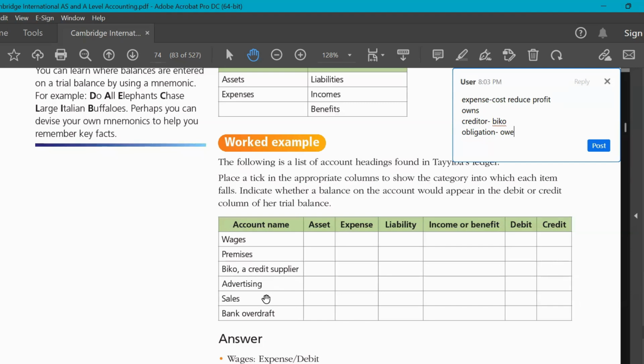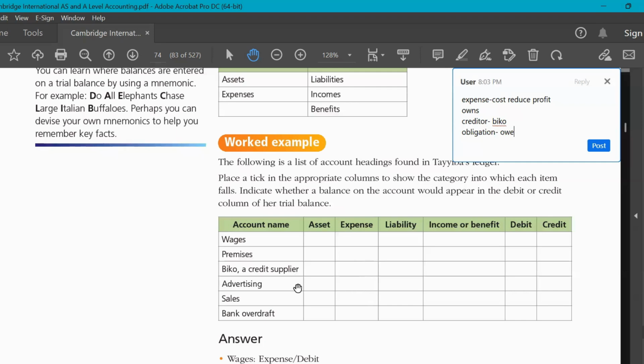Next is advertising. Obviously, advertising is another expense, because it doesn't create a tangible asset, but it reduces or decreases the profit.